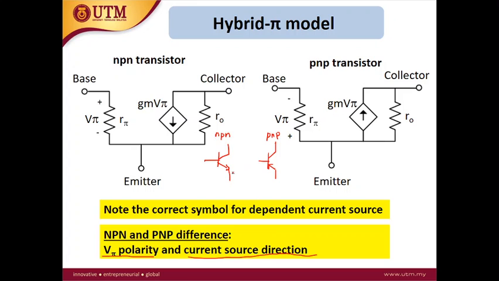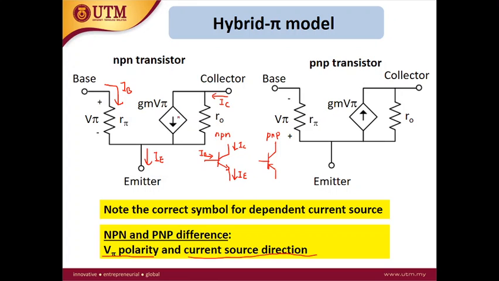For NPN, the emitter current is exiting, towards downward, and the collector current and base current are entering. So this is IC and this is IB, both towards the emitter, and IE exits.